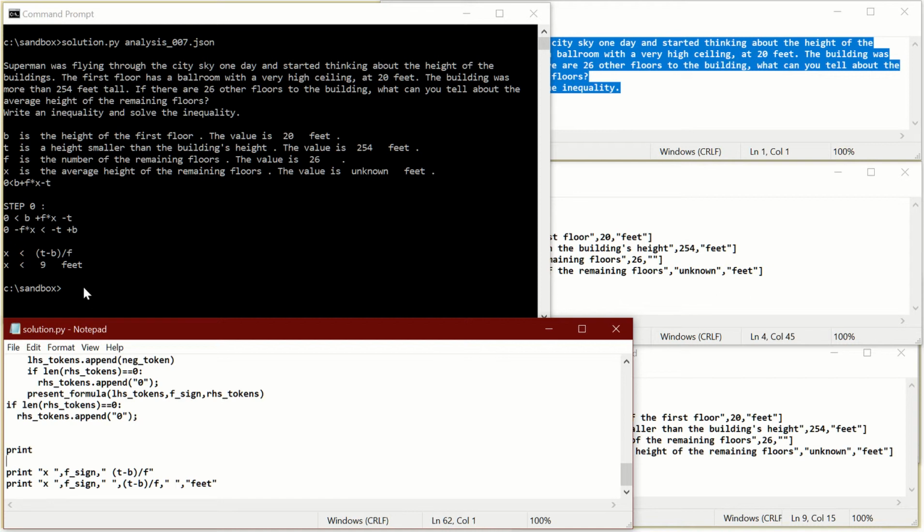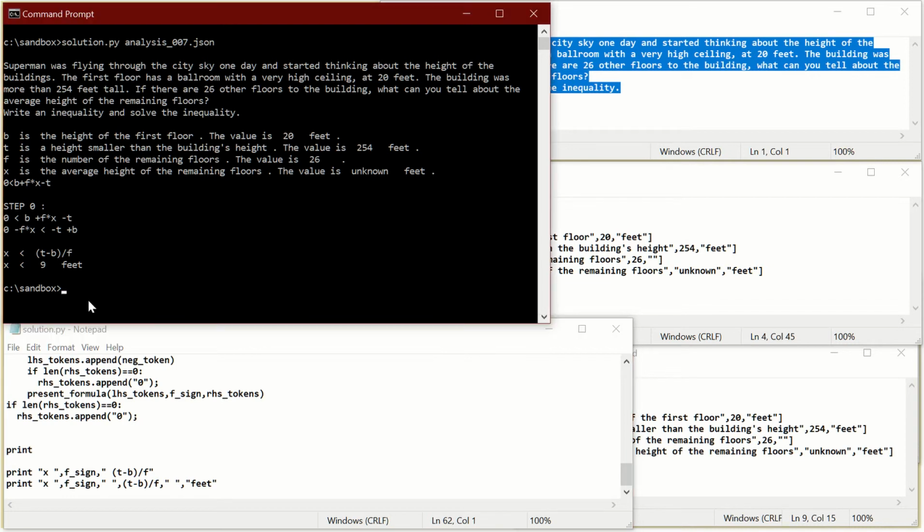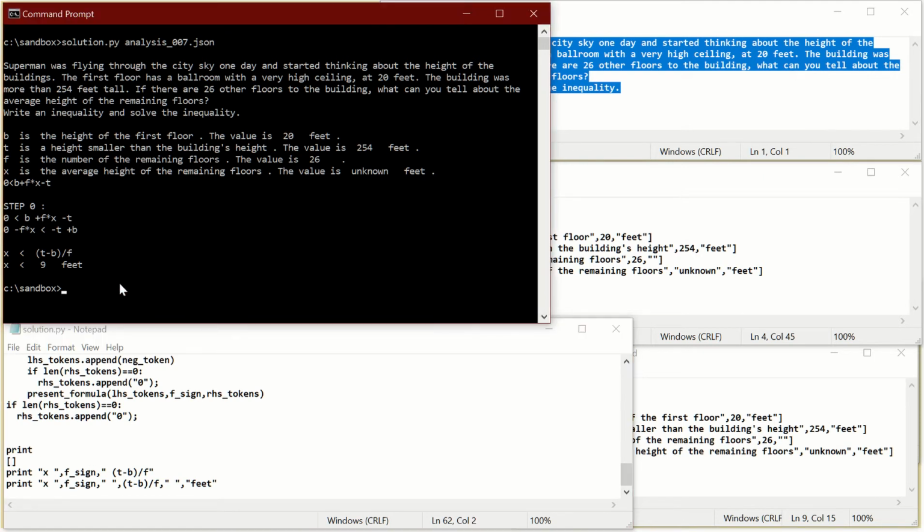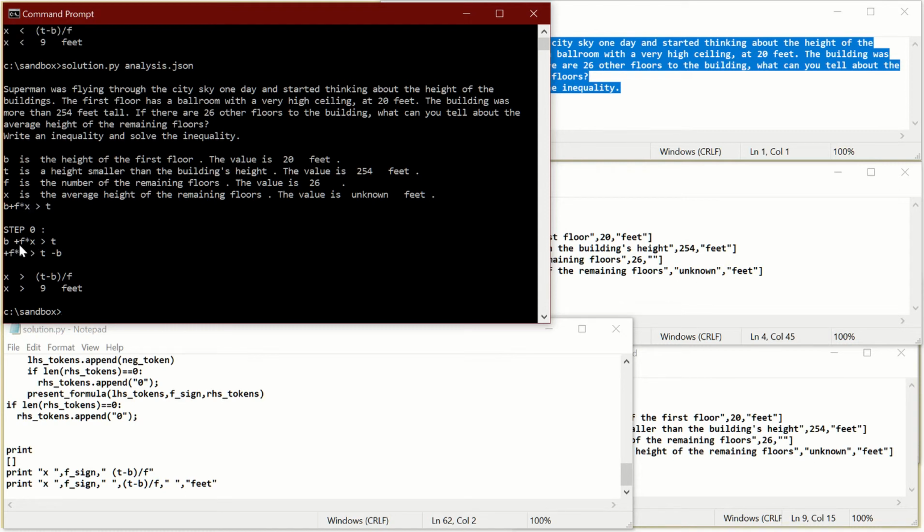Okay, so let's see which of our test cases have this coefficient positive. I will add all these test cases in a list in the program. So I will run the first one. Okay, so the coefficient is positive, it is plus f.